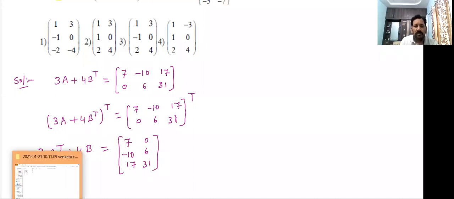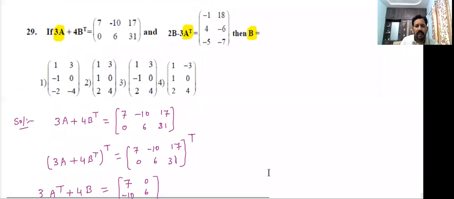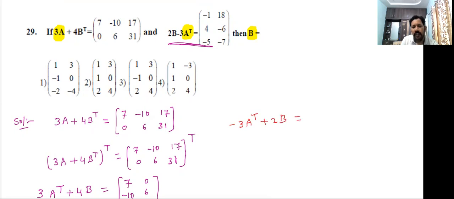Okay. Now observe the second equation. What is given? They are given like this. See, I am writing in a particular order: minus 3A transpose plus 2B is equal to, how much is given? Minus 1, 4, 5, 18, minus 6, minus 7.